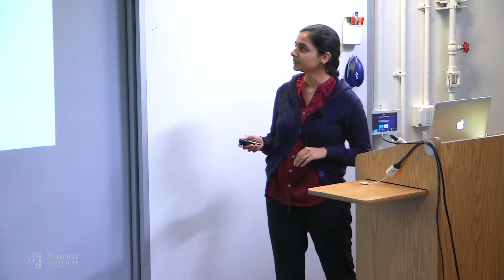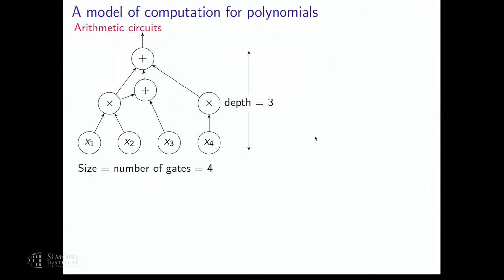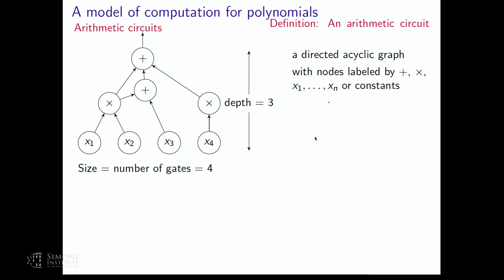Just so that we are on the same page, I don't think anybody needs this definition here. An arithmetic circuit is just a directed acyclic graph whose nodes consist of plus, multiply gates, or input gates. Input gates are the leaves, output gates are the out-degree 0 nodes.